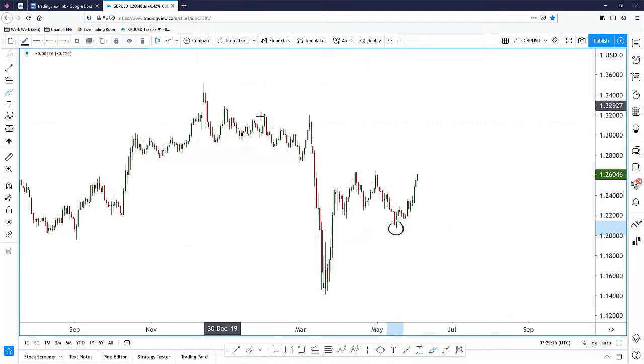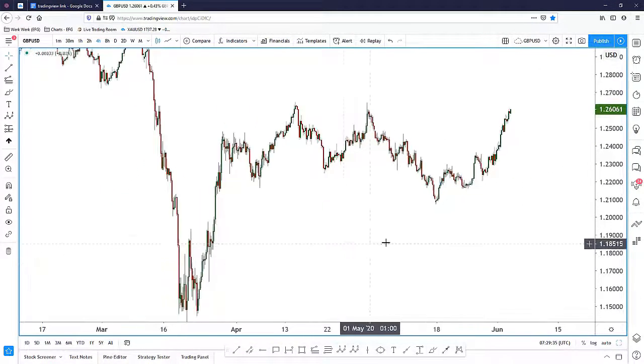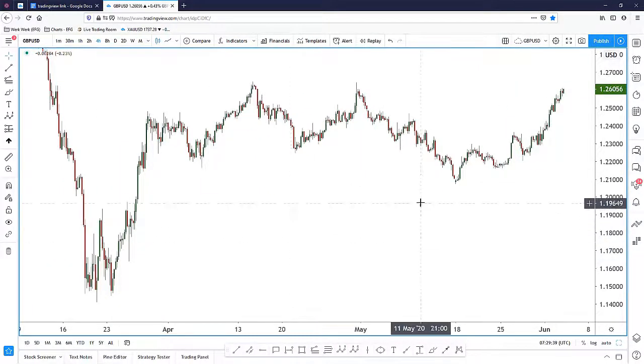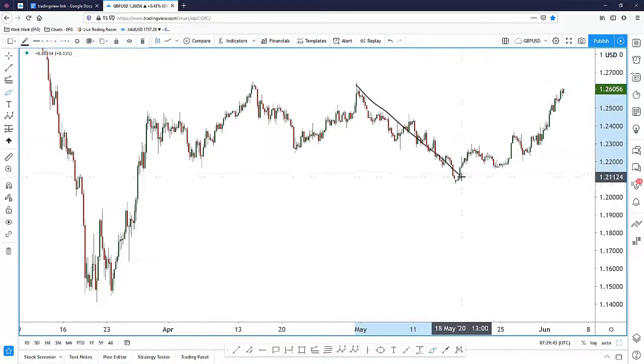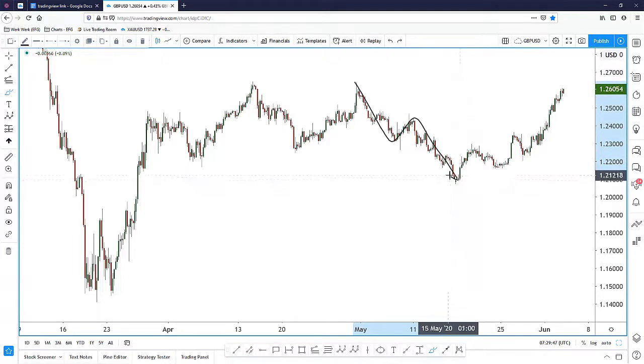The answer lies in going down to the 4-hour chart. So if you look carefully at the 4-hour chart, I just want to show this area. Now, on the daily, this was a straight push down. However, on the 4-hour, you see a sort of zigzag pattern.